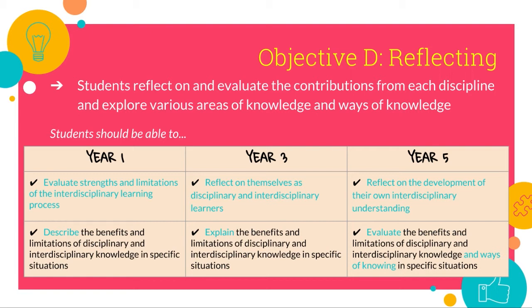Now you might be wondering what happens in year 2 and year 4. This depends a little bit on each school. It's under the school's discretion. What IB would recommend is that in year 2, the descriptors that the school should use should be year 3 descriptors. Obviously the expectations should be adjusted to the students' possibilities.